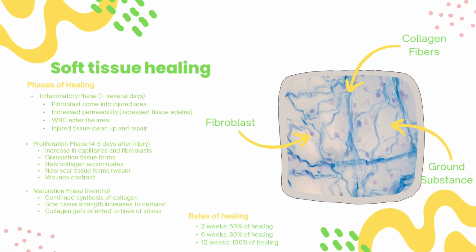And then from there, the scar tissue starts to increase in its strength, and it's increasing in strength in regards to the demand that's imposed on it. So as our body now, we're starting to use those muscles a little bit more. We're starting to use those tissues, putting more weight into it. That scar tissue and that new tissue is going to say, hey, well, now we need to grow in strength as well.